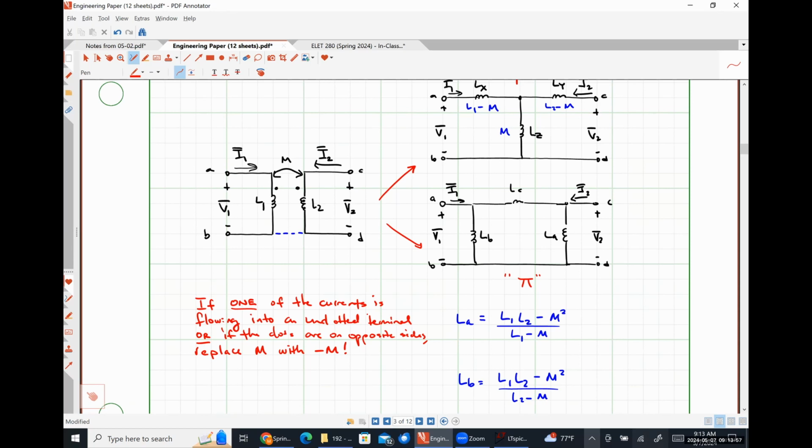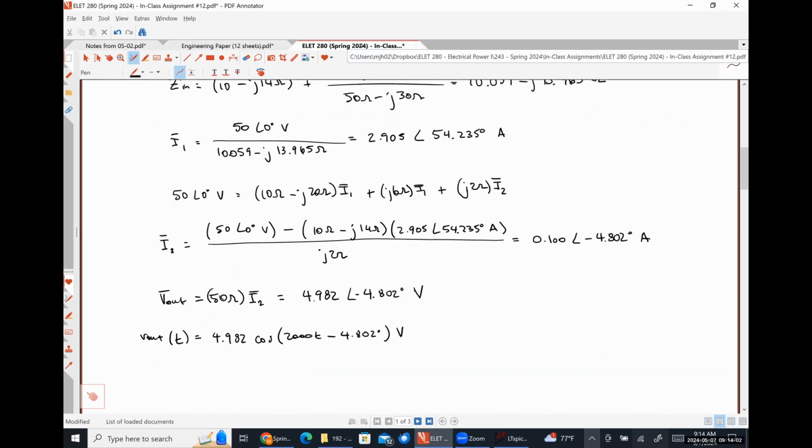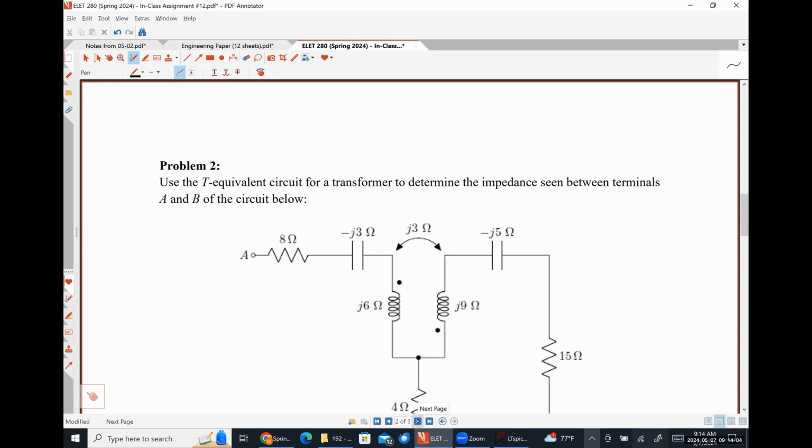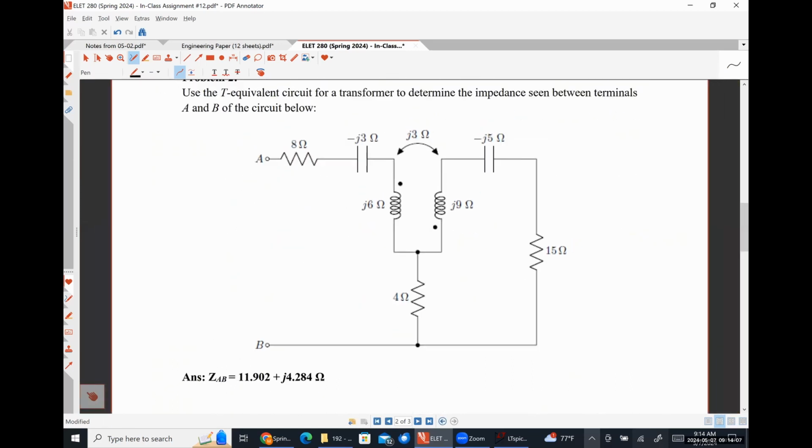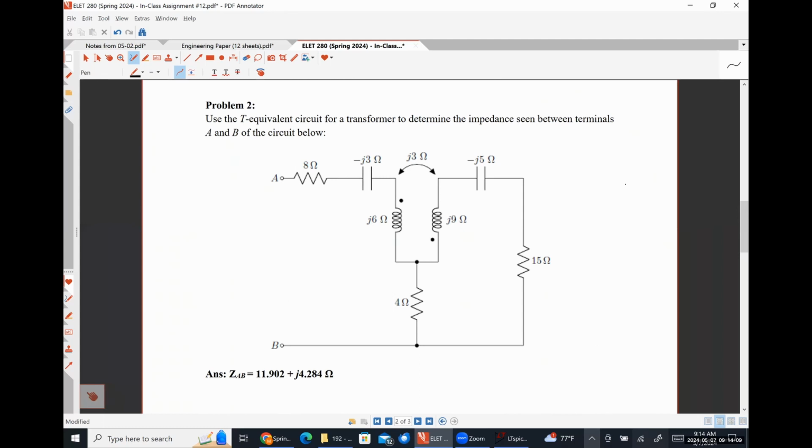Let's look at in-class assignment problem 2. So we have this network right here, and I'm specifically asking you to use a T equivalent circuit to determine the impedance seen between terminals A and B of this network.